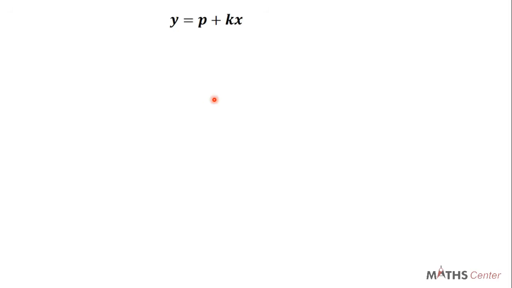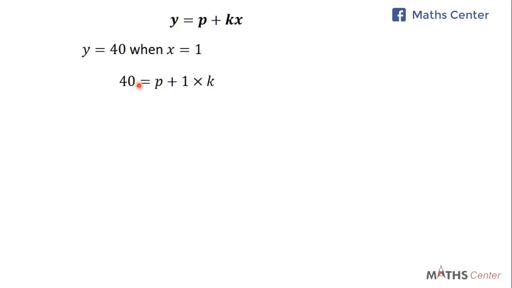Now the question told us that when y is equal to 40, x is equal to 1. So we can replace y with 40 and x with 1. That will give us 40 is equal to p plus k times 1 because x is 1. Now this is going to give us p plus k is equal to 40, since k times 1 is k.